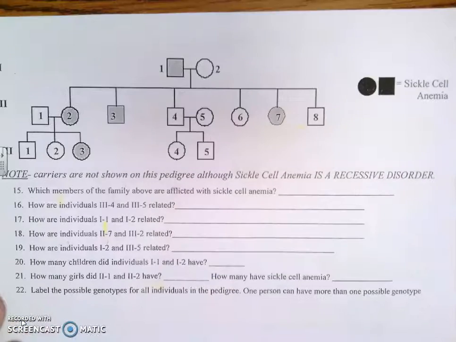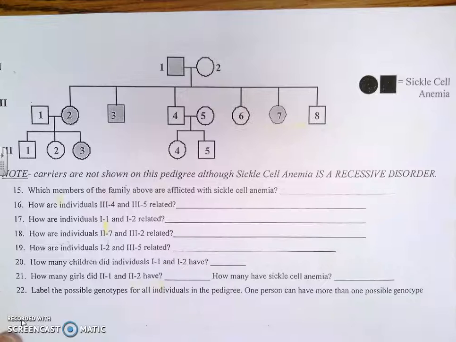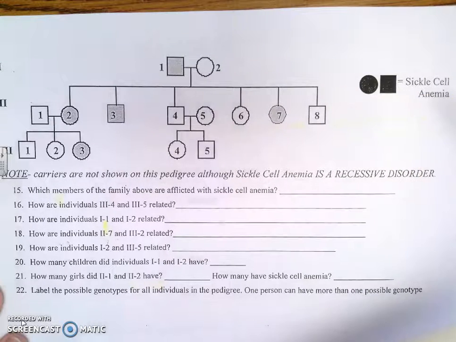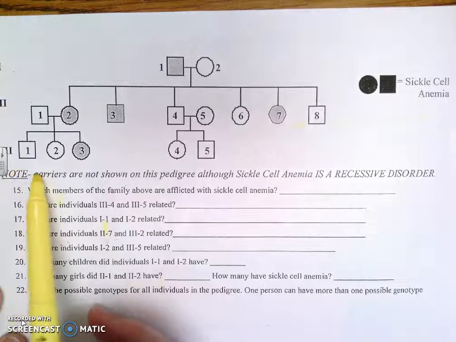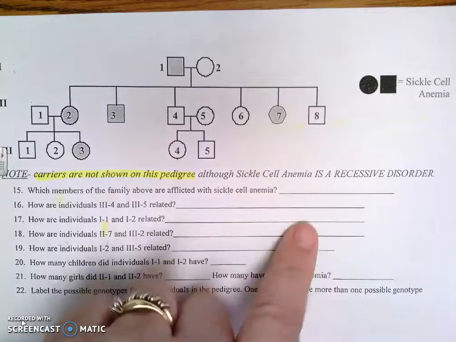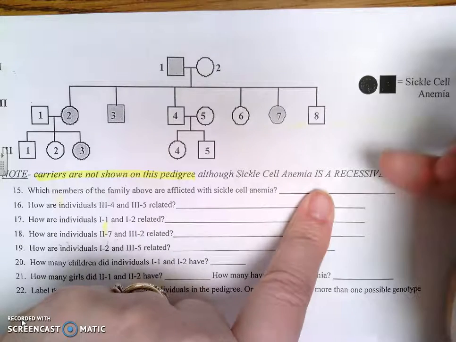So our next case study is up on the board, and we can see they've already started us off with a key. They did give us a note. It said carriers are not shown on this pedigree, meaning there are carriers on this pedigree, but they didn't indicate so by doing the half circle or the half square. So let's go ahead and make our key. It says sickle cell anemia is a recessive disorder.